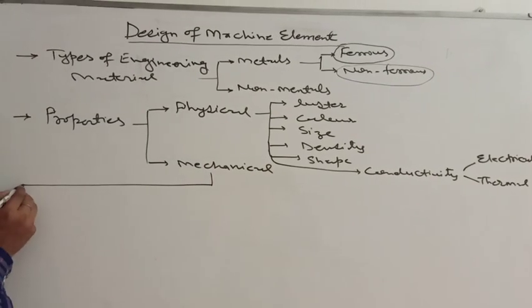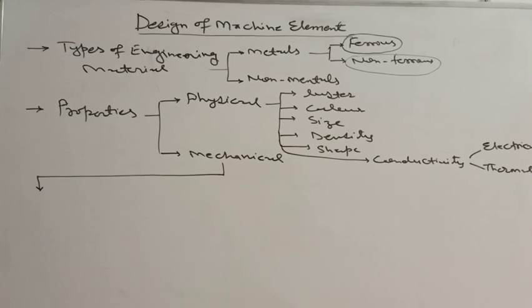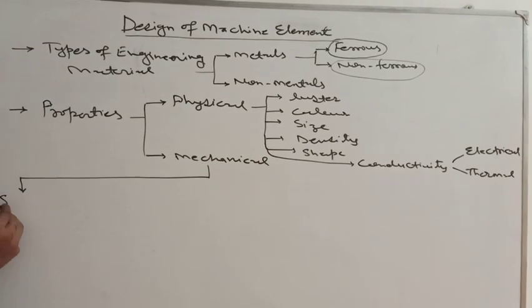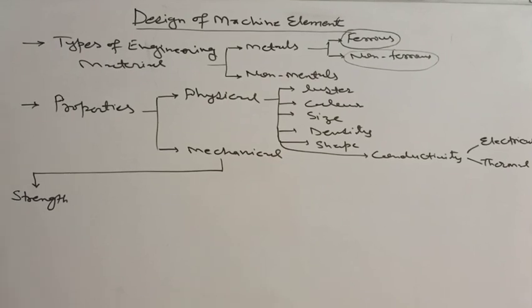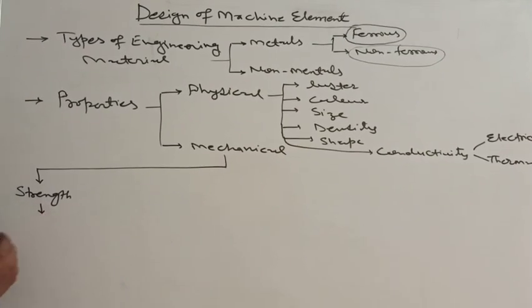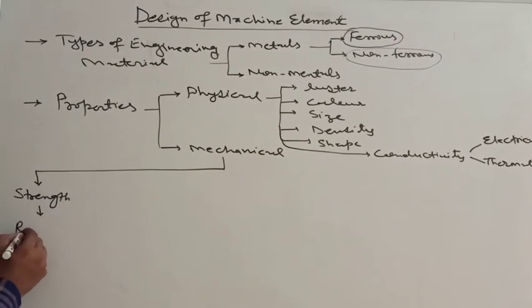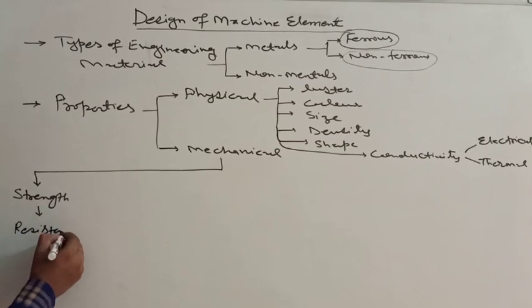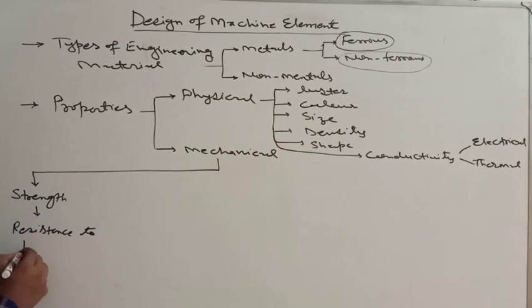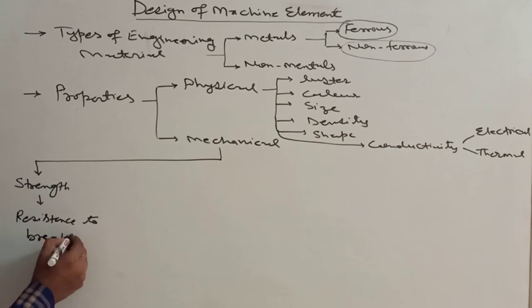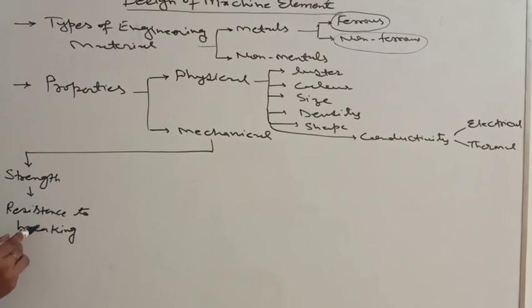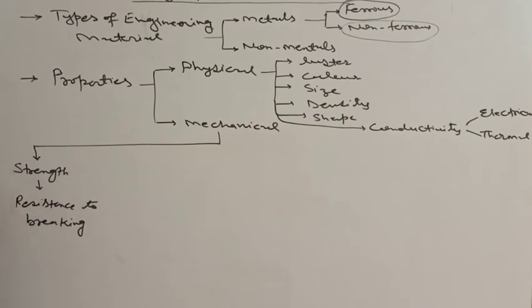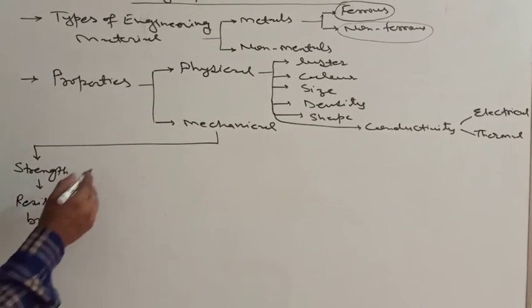Now the mechanical properties, which are very important in our design. The first mechanical property is strength, which is defined as the resistance to breaking. If our material has a resistance to breaking, then we say the property is strength.